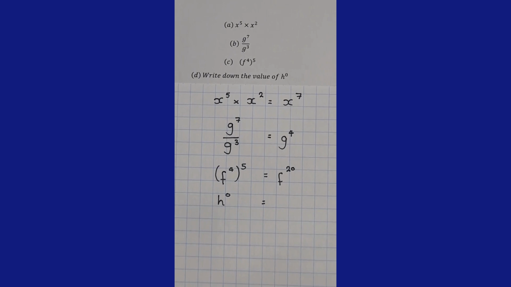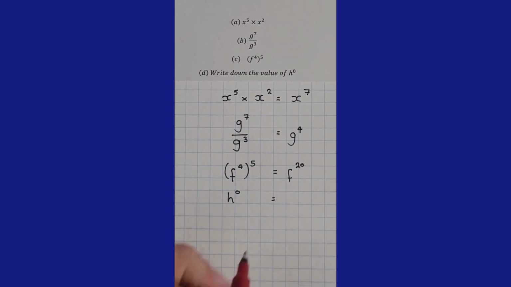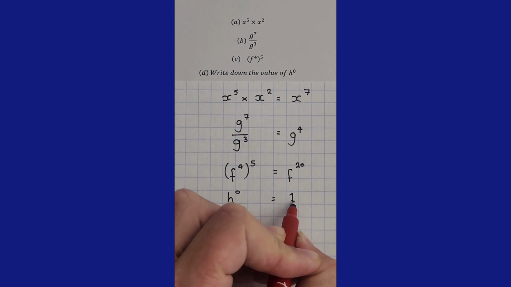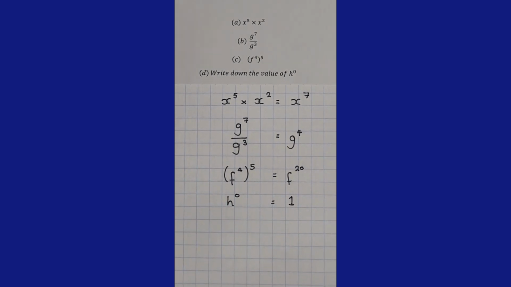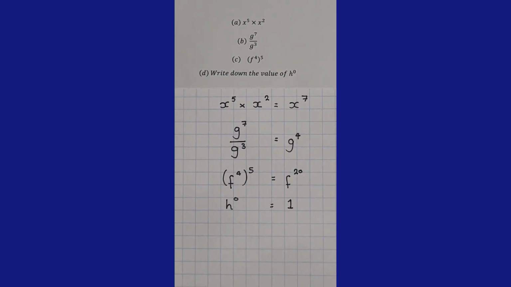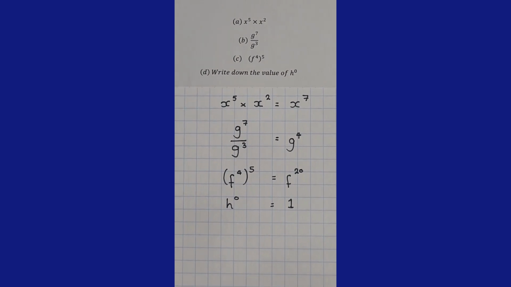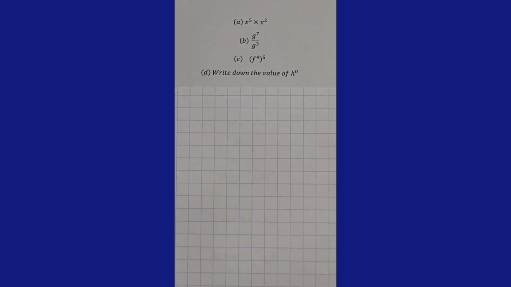Well, we know anything to the power of 0 is 1. So the value of that is simply 1. So a couple of examples there that use the fundamentals of the index laws. Again, multiply, add; divide, we subtract; power to power, multiply; and anything to the power of 0 is going to be 1.